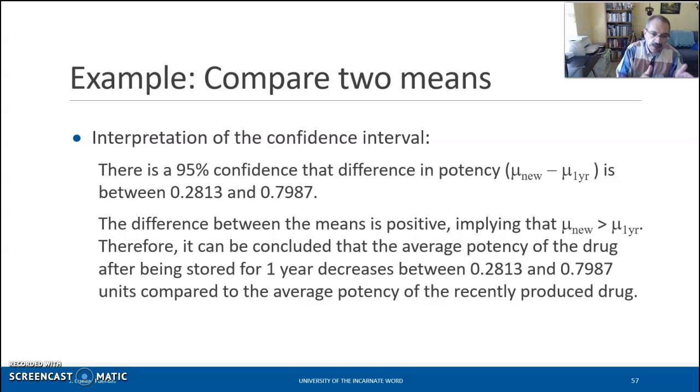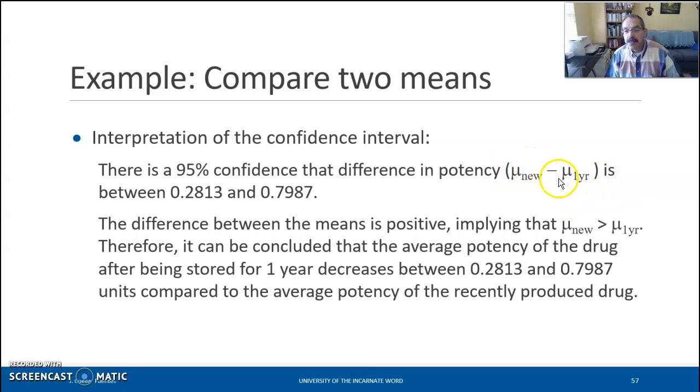So we can say that the average potency of the drug after being stored for 1 year decreases between 0.2813 and 0.7987 units compared to the average potency of the recently produced drug. All right, so now again, you need to be very careful in how you interpret this confidence interval.